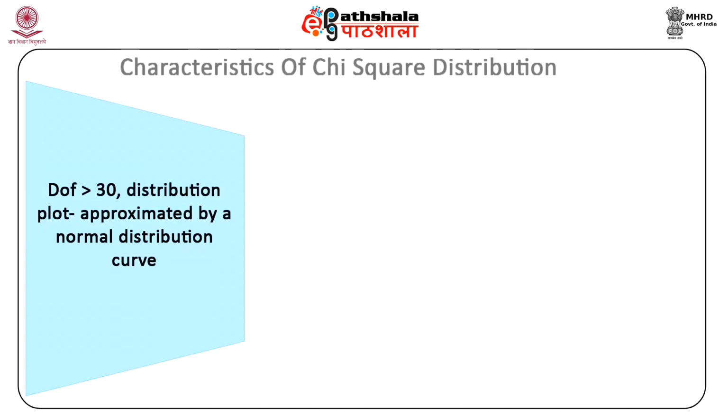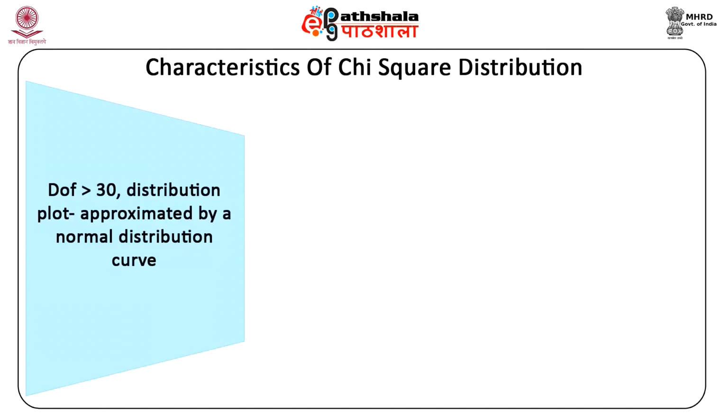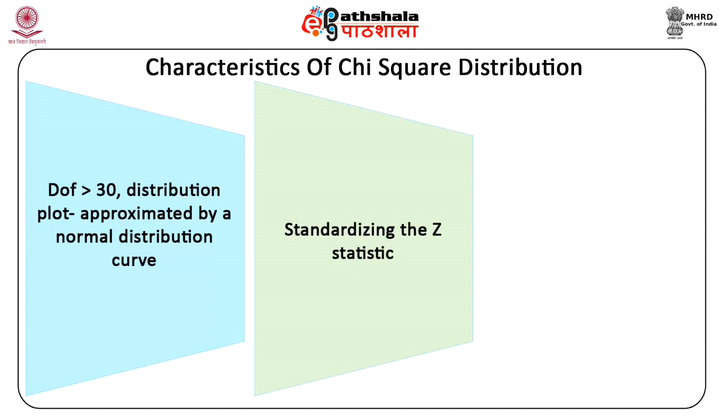Secondly, for degrees of freedom greater than 30, the distribution plot can be approximated by a normal distribution curve by standardizing the z statistic using the mean and variance of the chi-square distribution, nu and 2nu respectively.